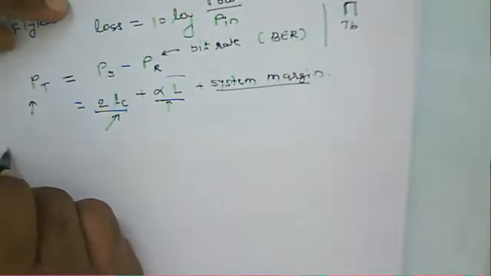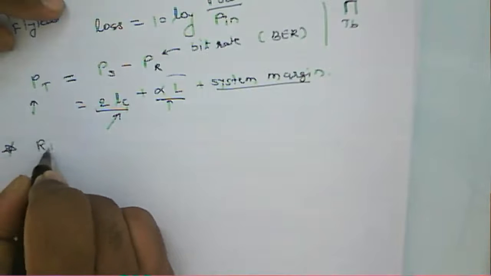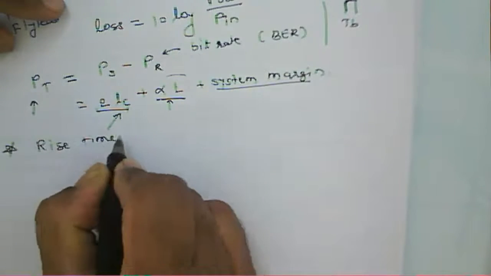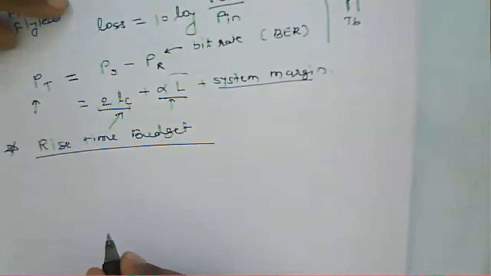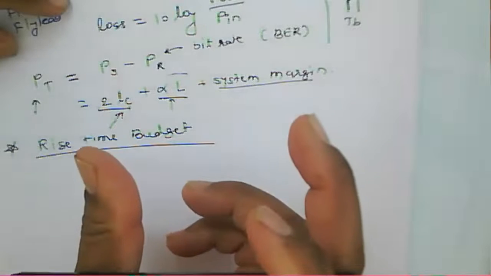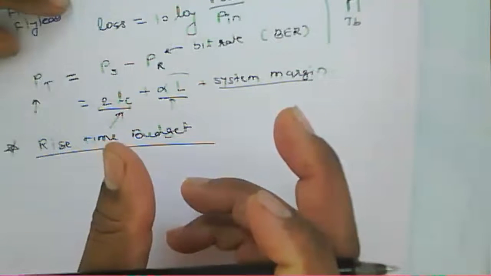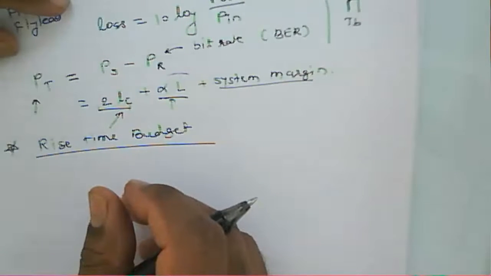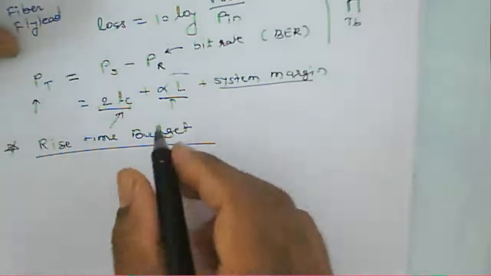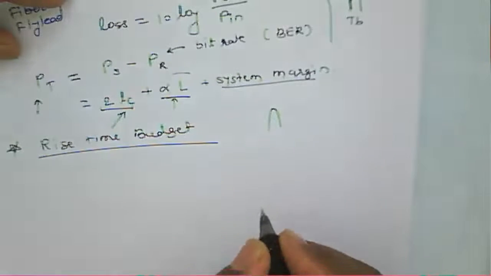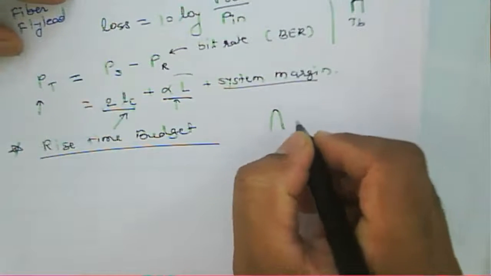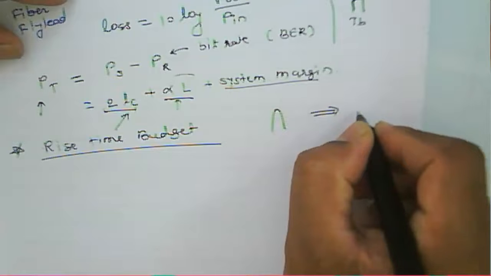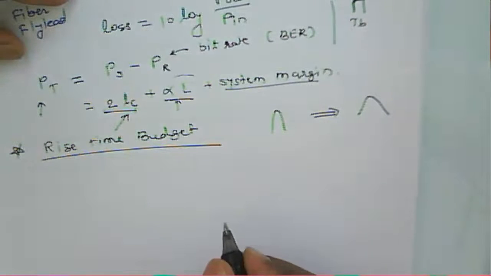Another part we should know is the rise time budget. In the case of a rise time budget, for a given optical fiber link, what approach are we using? We are transmitting some particular pulse that represents the bit information, and we are receiving that pulse at the receiver.